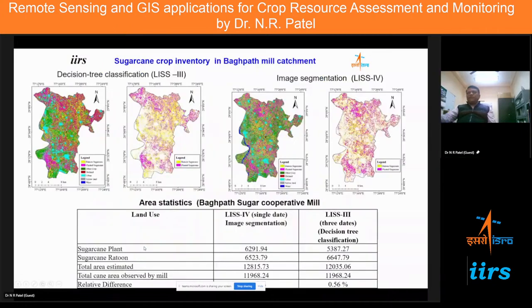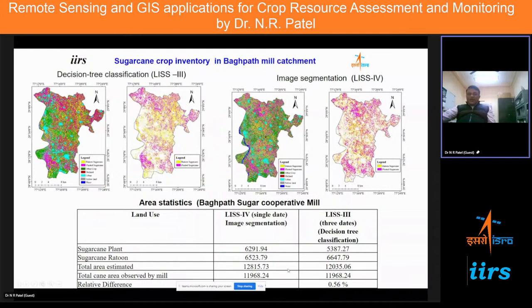Now you see, based on the decision tree classifier, we have classified. Also, we made use of LISS-4 high resolution satellite data and compared how we get better accuracy for sugarcane crop type mapping. See the statistics here with the actual sugar mill, because the sugarcane information system is developed by the UP government. They have almost every sugarcane field mapped with a GPS survey.